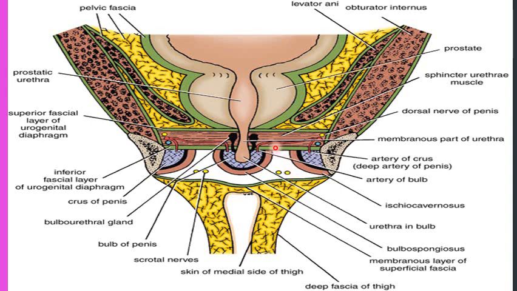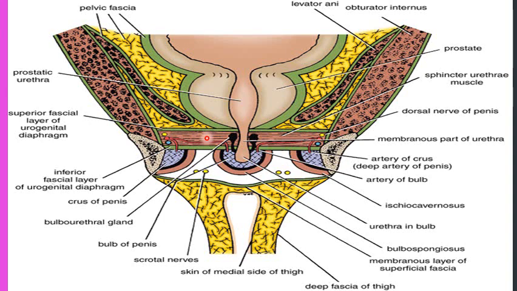The space between Colles' fascia and the perineal membrane is the superficial perineal pouch. The area above the perineal membrane shows the location of the deep perineal pouch or deep perineal space.